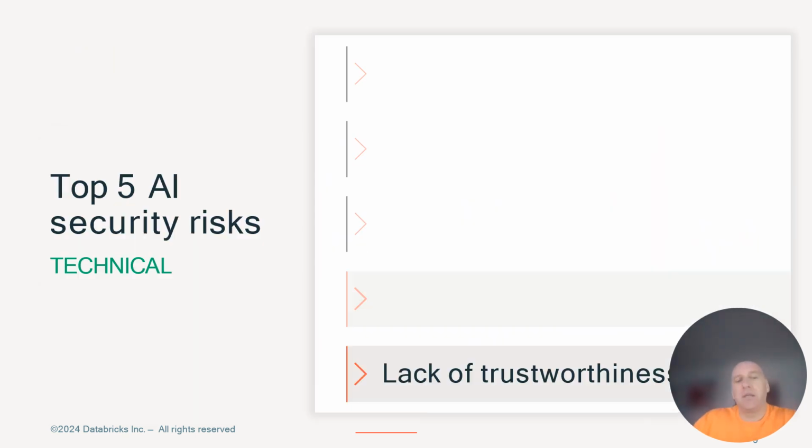Now let's look at the last risk from our top 5 categories. So, lack of trustworthiness. Now, when we always talk about AI, and AI specific models, we often refer to AI as a black opaque box that's inexplicable and untrustworthy because we can't quite understand how it arrived at a specific answer, or you can't explain how it arrived at a specific answer.